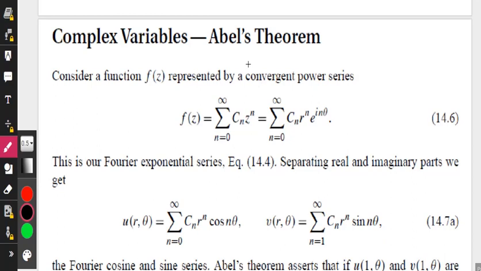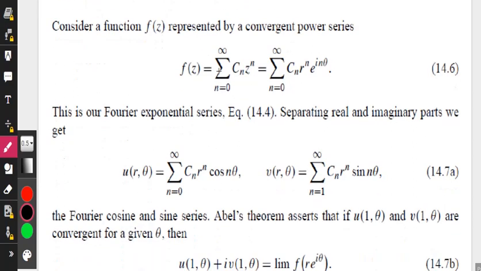Now let us consider complex variables, Abel's theorem. Consider function f of z represented by the convergent power series f of z is equal to summation n is equal to 0 to infinity Cn z raised to n. Then this can be written as summation n is equal to 0 to infinity Cn r raised to n e raised to in theta, and this is our Fourier exponential series.